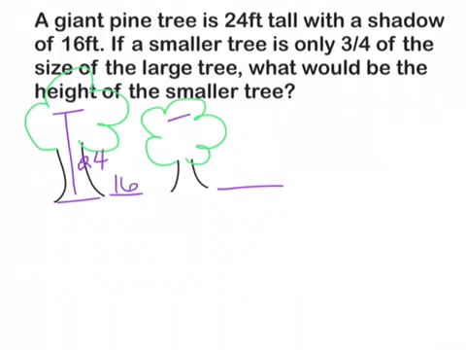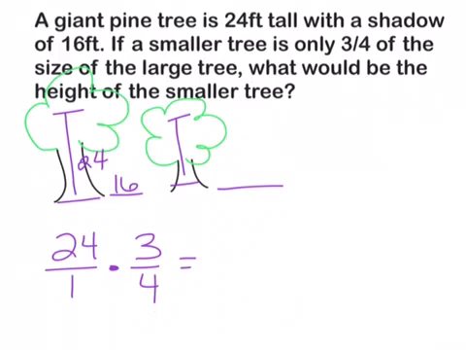But I don't know the height or the shadow for the next one. But that's easy enough, because if it's 3/4 of something, all you have to do is multiply. Now, remember 24 is always over 1 because it's a whole number. And I know it's going to be 3/4, so I'm going to multiply by 3/4.